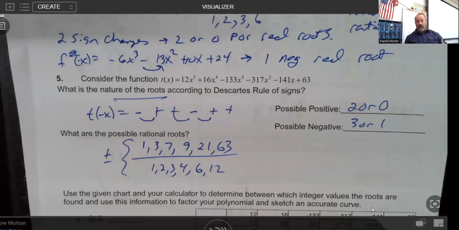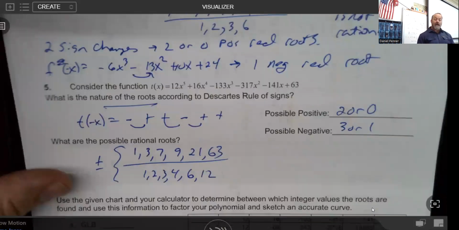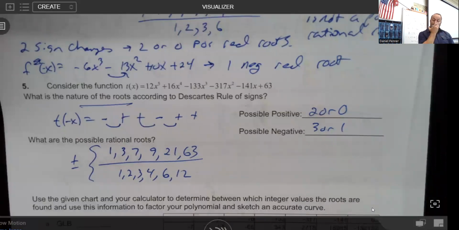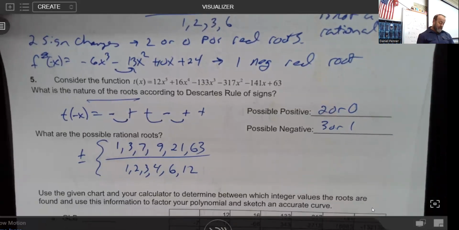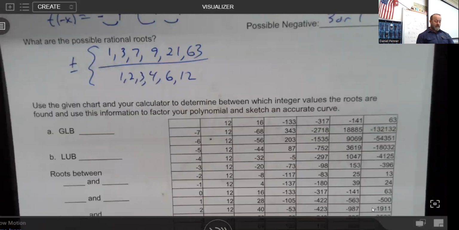There's lots and lots of them there, but I didn't want the video to get too long. So I put it there mainly so that when we got to the bottom portion of this question, we could make a little bit of reference. So we're going to use this chart to try to make some determinations.